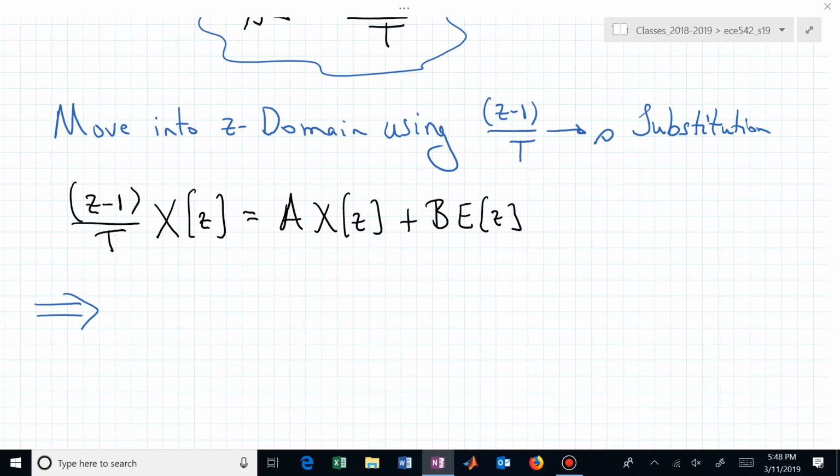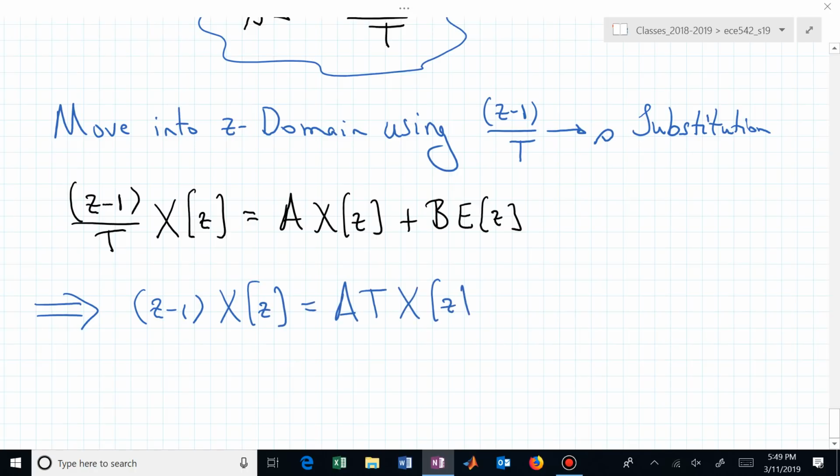Let's get rid of that fraction. Let's multiply everything by the sampling period, capital T, and now we have z minus 1 times capital X of z equaling A T x of z plus B T e of z.